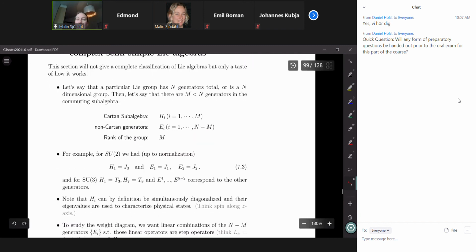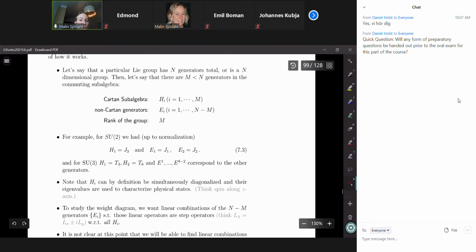So just to remind you, ignoring normalizations, for SU(2) our Cartan element could be J3, and the other ones could be J1 and J2.